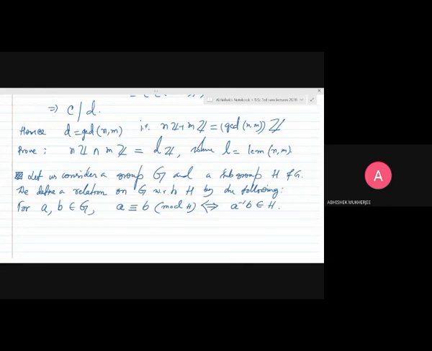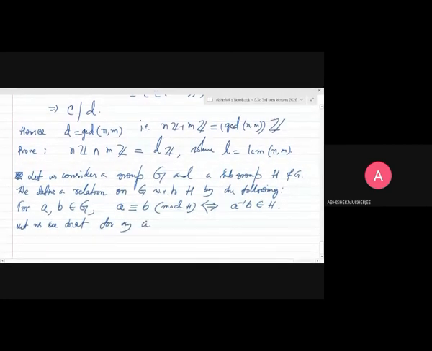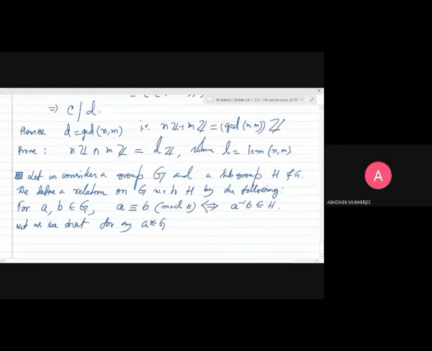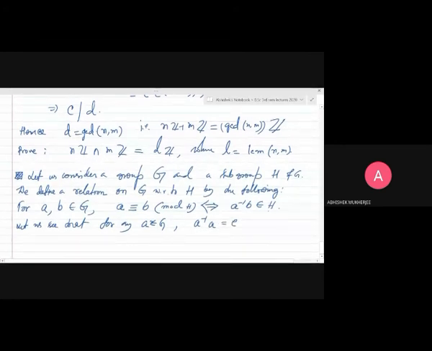So let us see that for any A belongs to G, you see that A inverse A is the identity, and being a subgroup of G, H contains the identity.